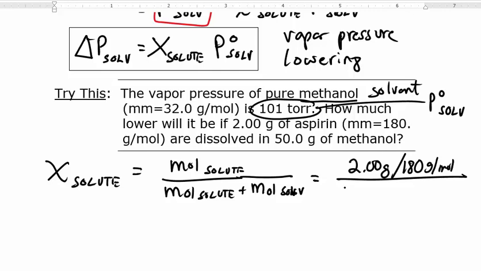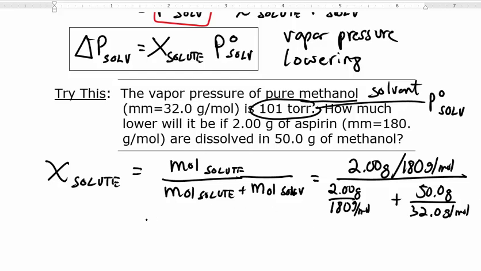That same thing goes on the bottom as well, plus another term for the solvent, and that is 50 grams over its molar mass, 32.